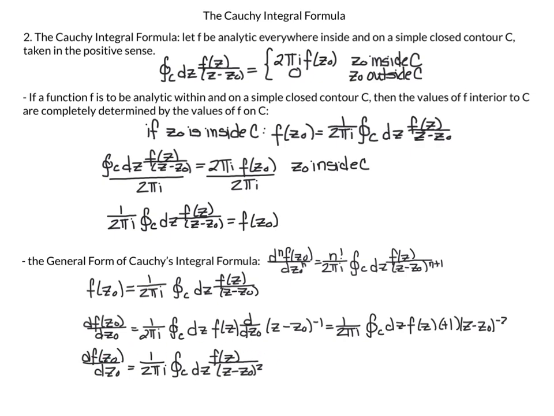I can generalize this. I can take the nth derivative, and this is the form I will get. So I have the nth derivative of f evaluated at z naught is equal to n factorial over 2 pi i integral of f of z over z minus z naught raised to the n plus 1.